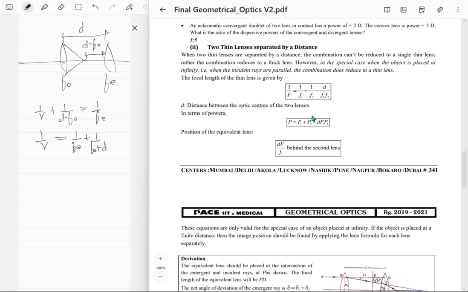Okay, and you're saying the position of the equivalent is df upon f1, and that upon f1. So you have to change your v such that you get a more symmetric form, I guess. Now what do I do with it?